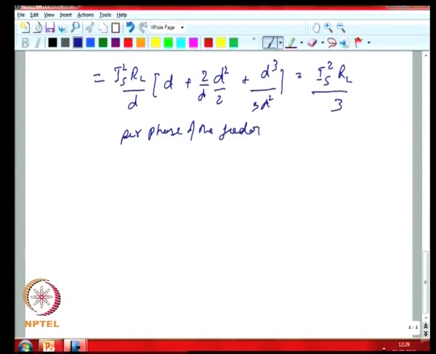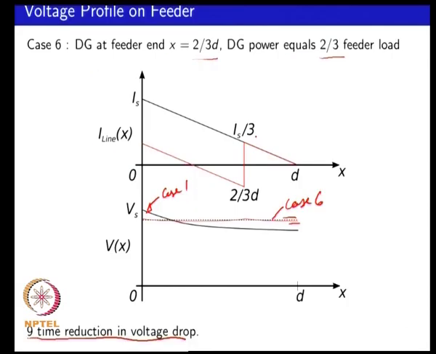So, if you now compare with case 6, where you had a DG of 2/3 rating located 2/3 of the way down the feeder, you could then consider each case as one small feeder of this particular size, and 3 such sections, one over here, a section over here and a section over here. If you look at the profile of the current in each section, it is similar in all 3 sections. So, you could calculate the losses in one section and take 3 times that amount.